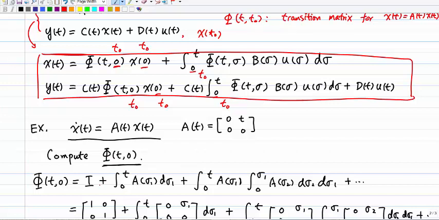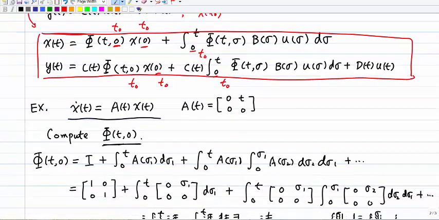The transition matrix for [0 0; t 0]. We can use the definition, which is the Peano-Baker series. So phi(t, t0) is identity plus the integration from t0 to t of A(sigma 1) d sigma 1, plus the integration from t0 to t of A(sigma 1) times the integration from t0 to sigma 1 of A(sigma 2) d sigma 2 d sigma 1, and so on and so forth.